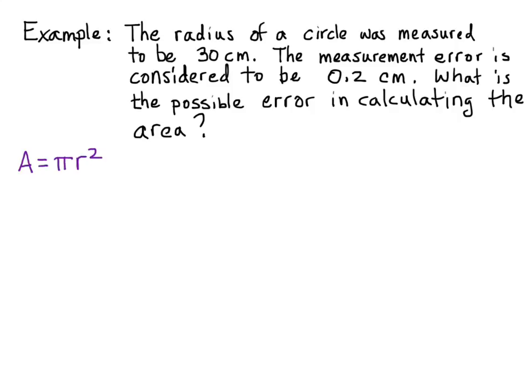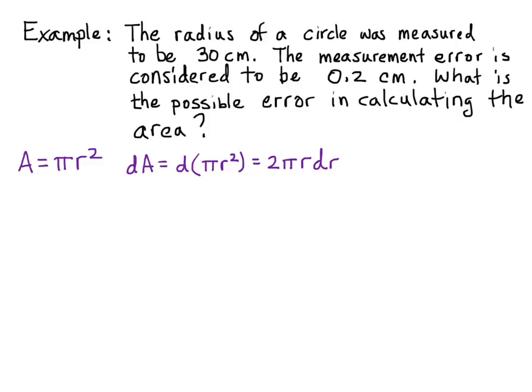And so we look at our primary relationship here, area equals pi r squared, and we calculate, okay, if I want to see the difference that it makes in the area, I'm going to take the derivative of this. And so that's my differential element, but I'm going to use the chain rule to calculate what my dr is, because I have that. So I have 2 pi r dr. Now this tells you two things. Number one, it tells you the impact of dr, but also notice that we have an r in there.